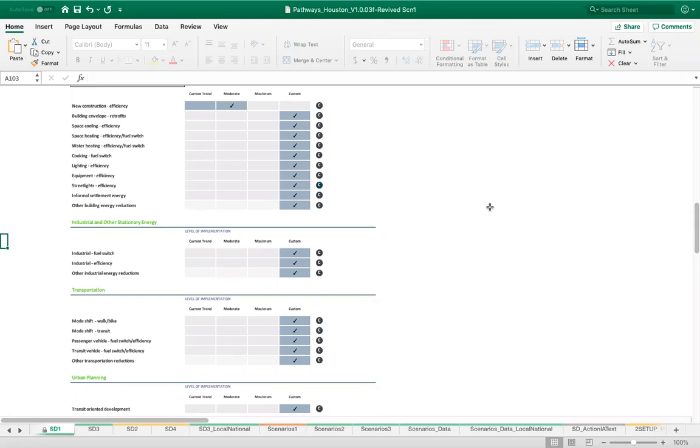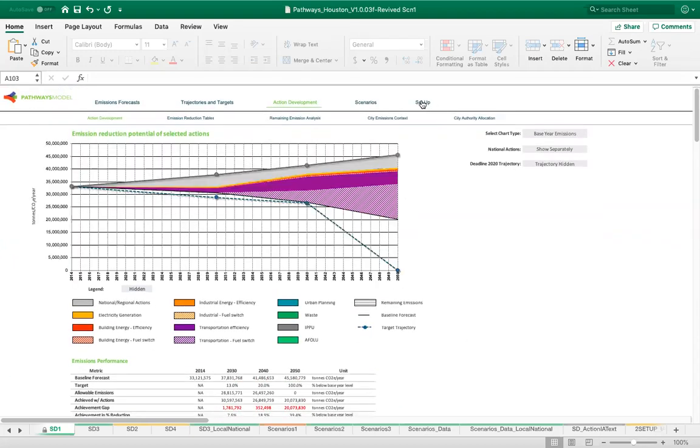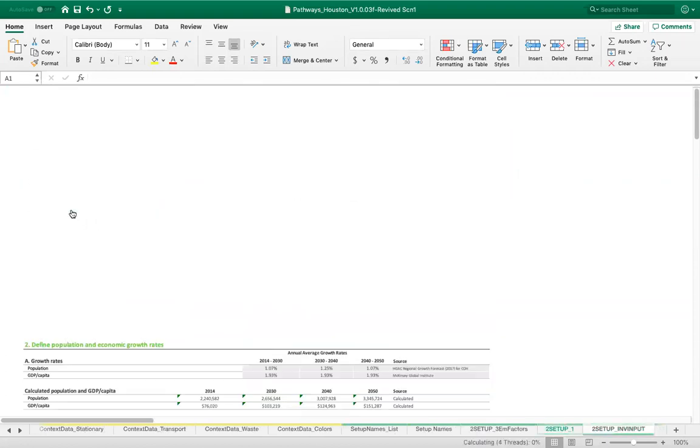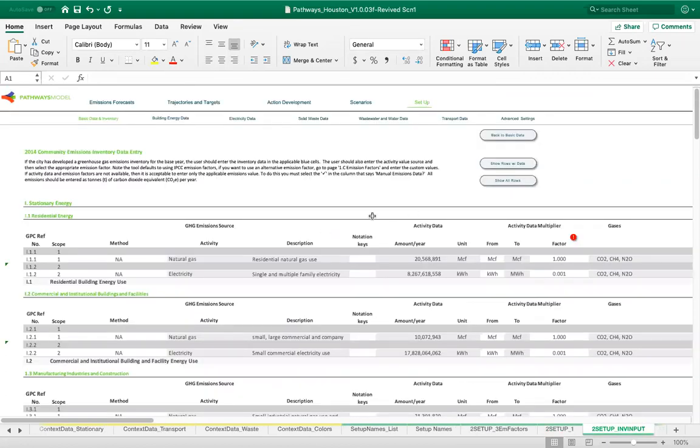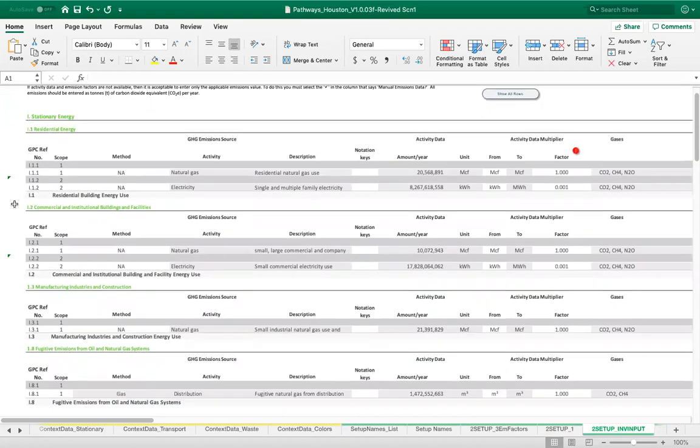One, I would say it's making sure that there is consistency in the boundary for the emissions inventory that was loaded up into the model, the GPC, as we saw right at the start. If we go back to the setup page and then down at the bottom, we saw that there is this emissions inventory that has been specified, and it walks through. So residential buildings, we use this much natural gas, this much electricity.